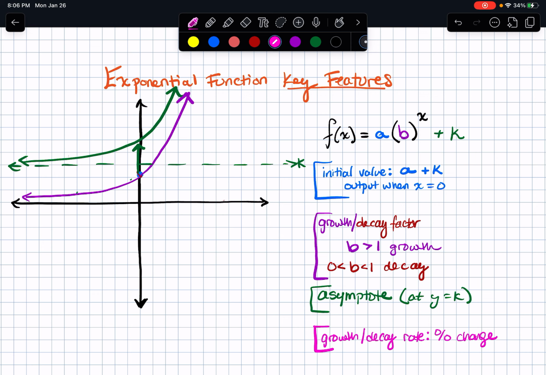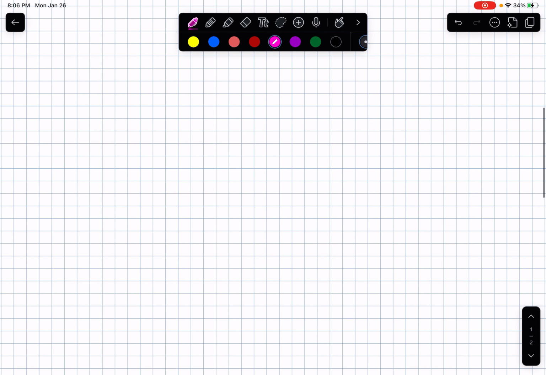Just like we did with geometric sequences, if my growth factor is 1.2, my growth rate would be 20%. If my growth factor is 0.5, my decay rate would be 50% decrease. So a rate is just referring to it in terms of percent change, whereas a growth factor is what you're actually multiplying by. But let's give ourselves an example of this.